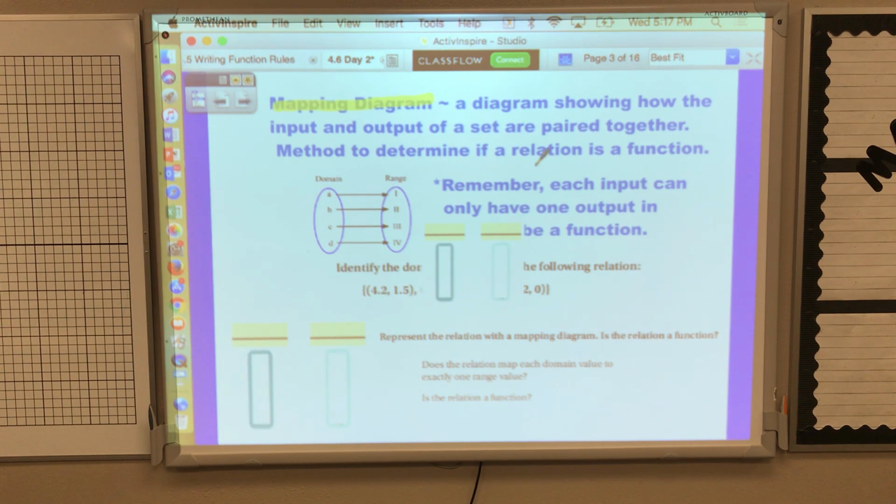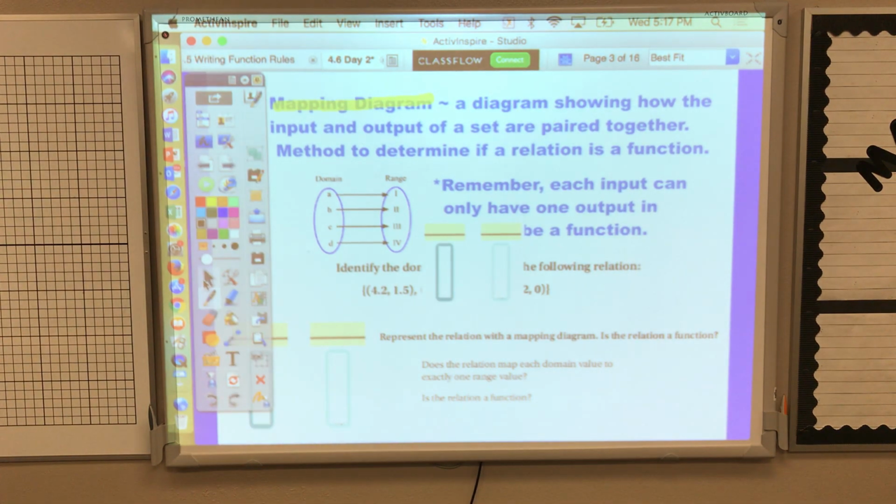It helps us to determine if a relation is a function. Remember, in order to be a function, each input can only have one output.